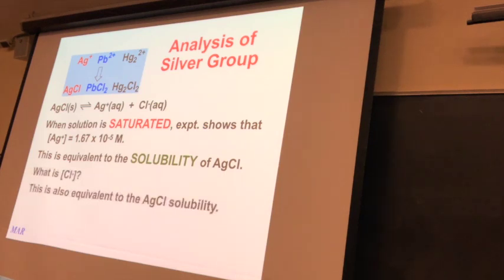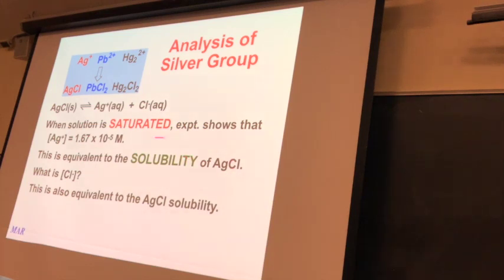Now, because this is based on silver chloride, and silver and chloride are 1-to-1 here, the chloride concentration that is required for saturation will be the same as the silver, all right? 1 silver and 1 chloride come together. So if this silver would be 1.67 times 10 to the minus 5, that means the chloride would be 1.67 times 10 to the minus 5.